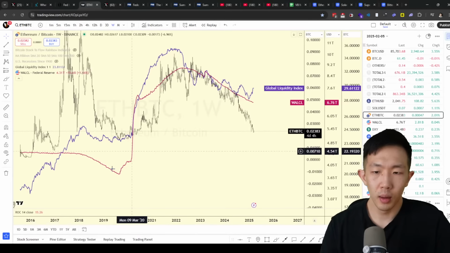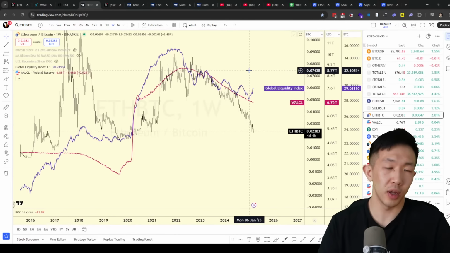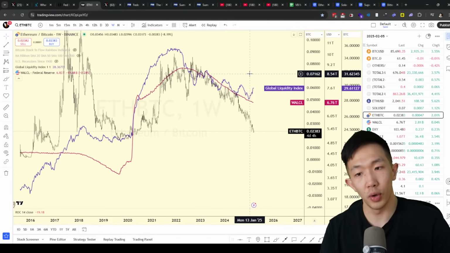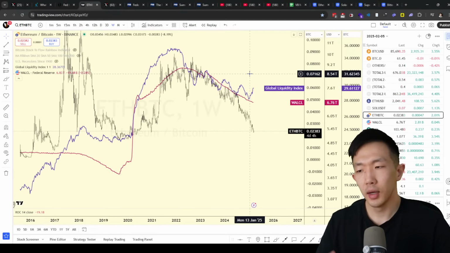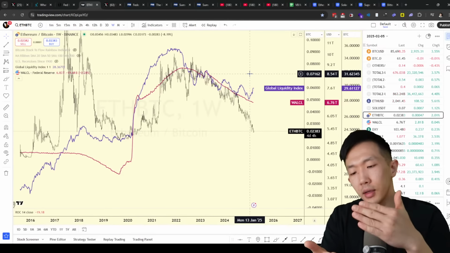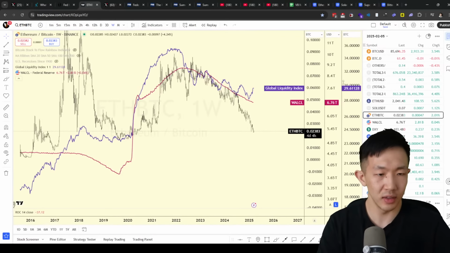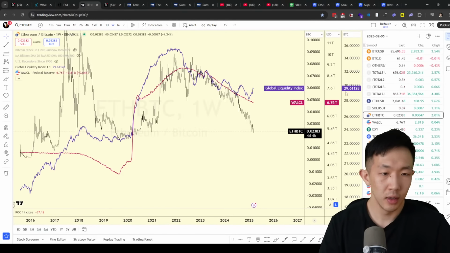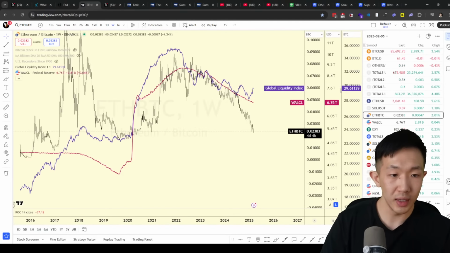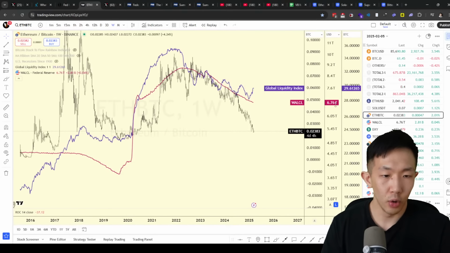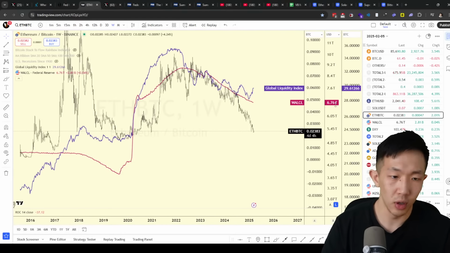Either way, both of these indicators will go up together because it's heavily driven by the US Federal Reserve's actions. It's both a signal and just how much liquidity comes from the US is massive. Look at these real numbers on the scale here. So the global liquidity index currently sits at 29.6 trillion, while the US Federal Reserve's balance sheet already sits at 6.7 trillion.